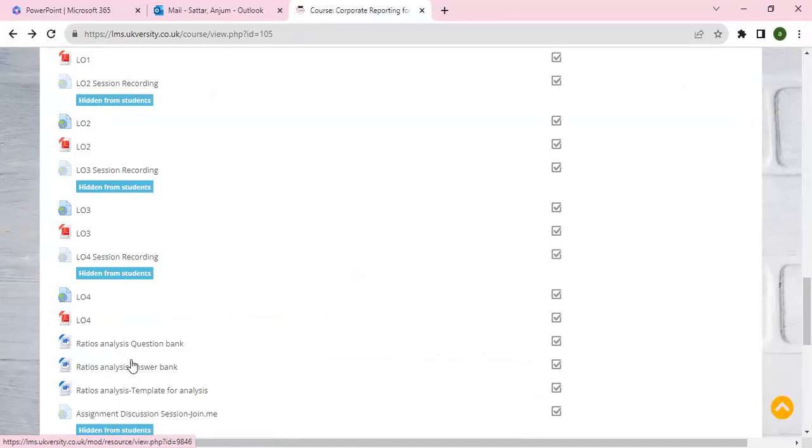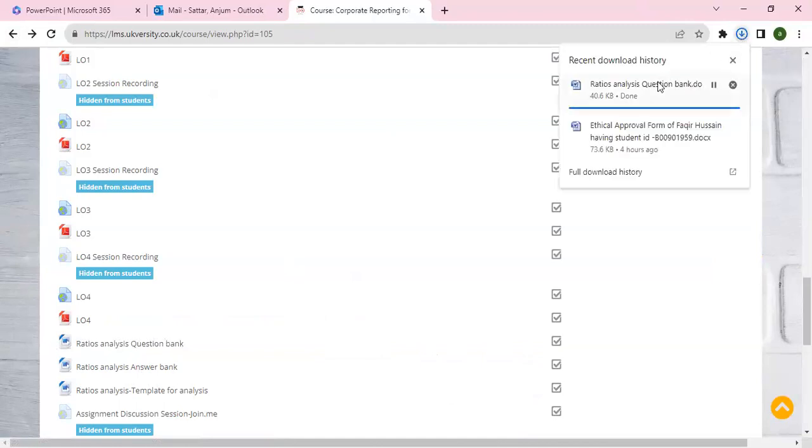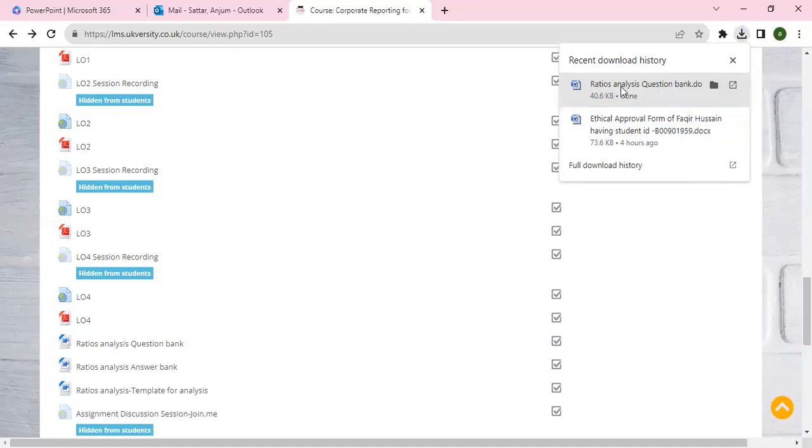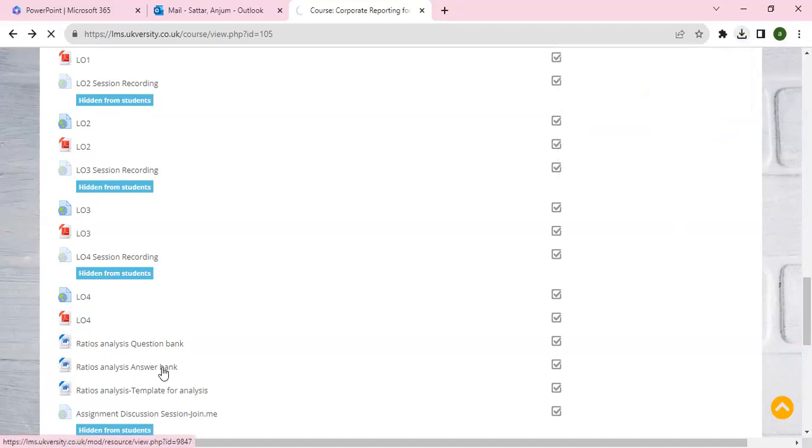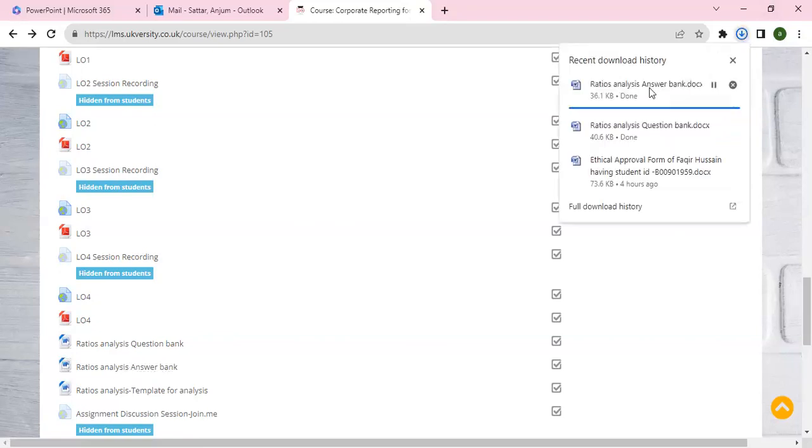On Moodle you can follow the question bank and answer bank for further understanding of the ratios. Let me show you in a minute. And then you have the answer bank as well, so it is quite good to look at the question and answer bank on financial ratios.